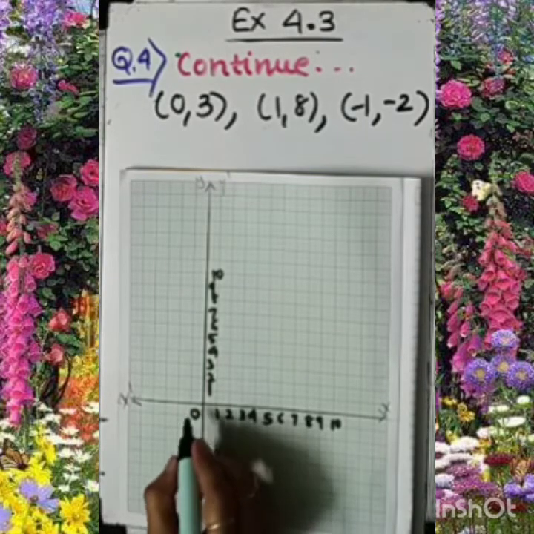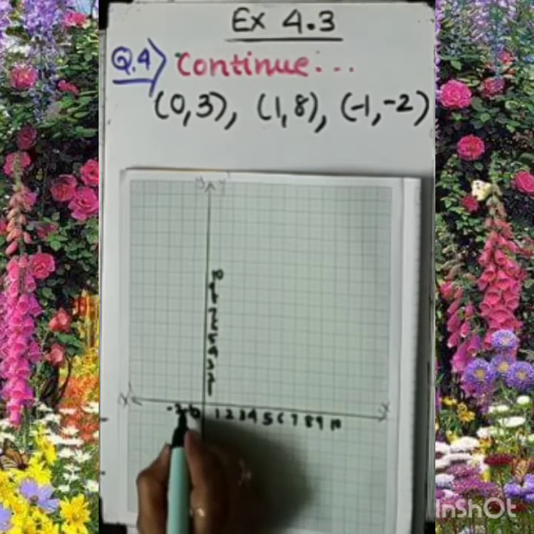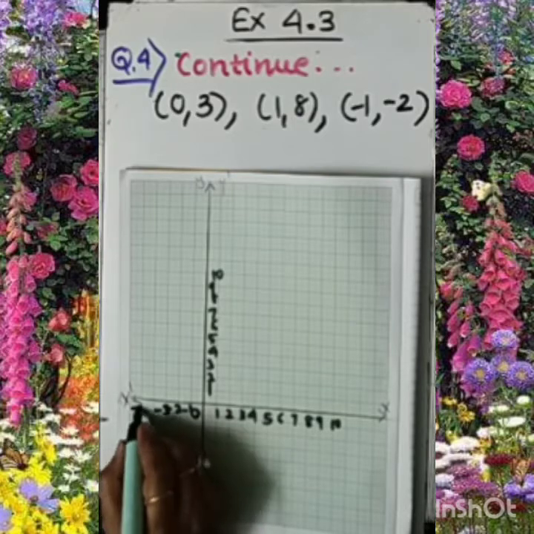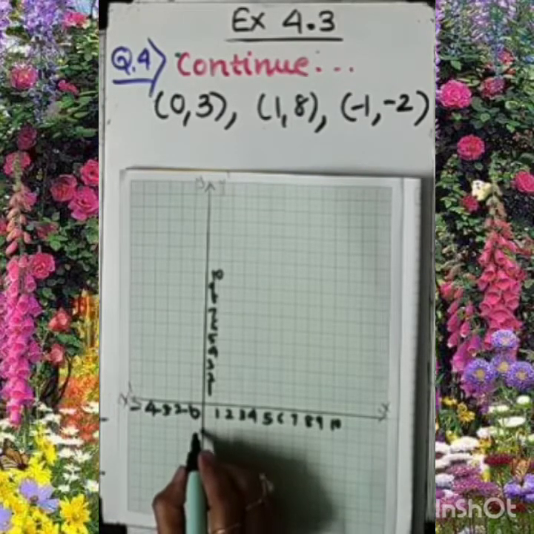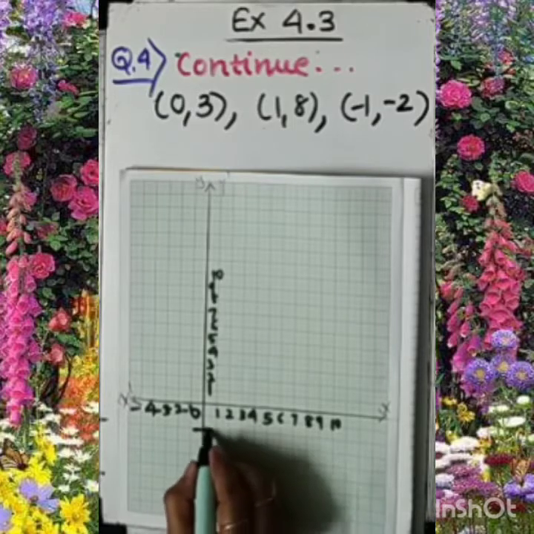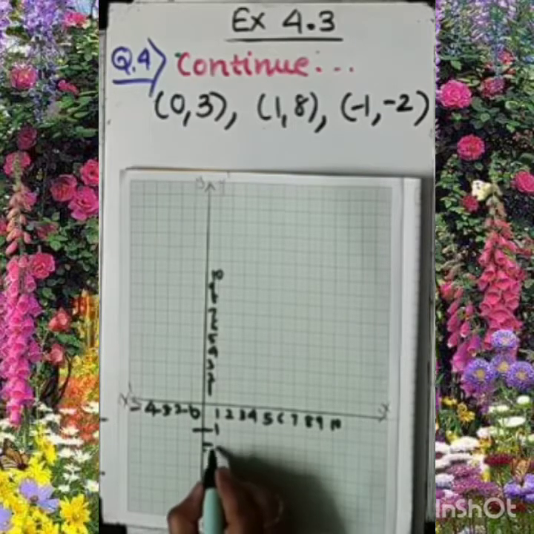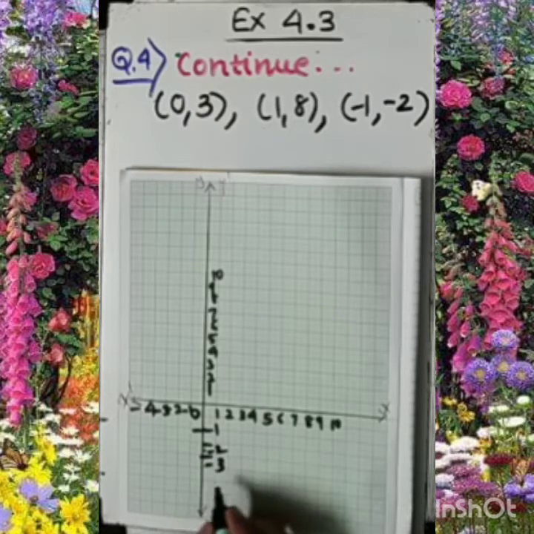This side also first one is -1, -2, -3, -4, and leaving one line I am mentioning -5. Okay.